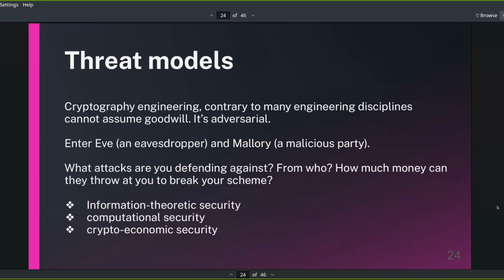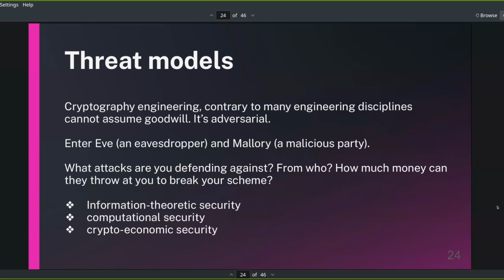And then the weakest security is crypto-economic security. This was, I think, the main invention by blockchains, crypto-economic security, which is, okay, instead of making it theoretically impossible or computationally impossible, I'll just make this economically impossible, because if it takes you 10 billions to break this, actually, it's not worth it for you.